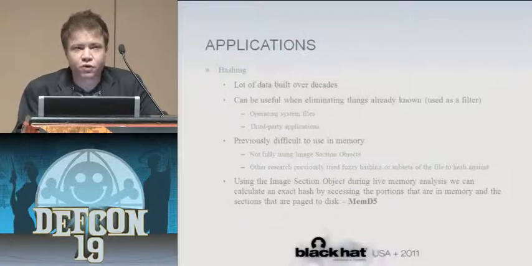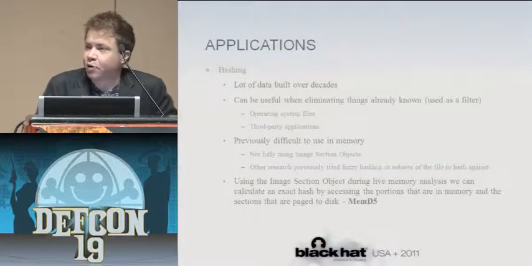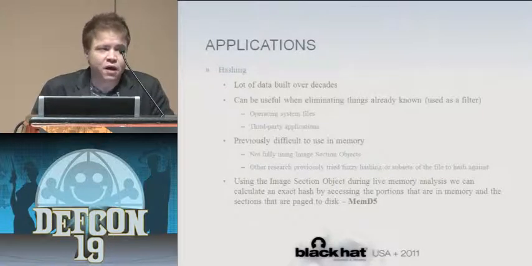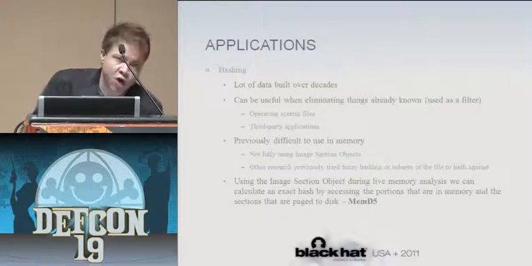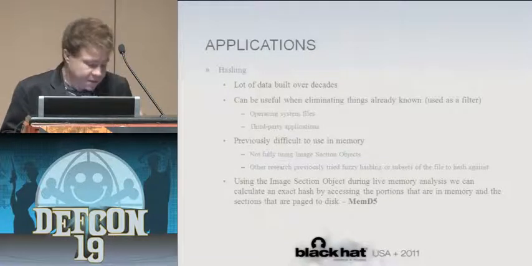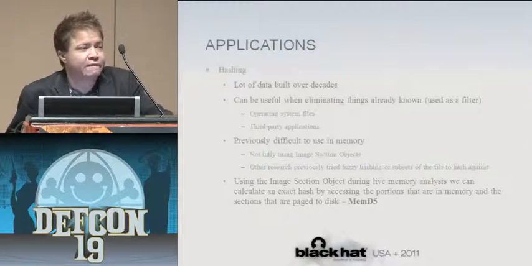If we could use whitelisting and hashing to eliminate the other components of the operating system that we don't care about, that number would get a lot more manageable. There have been some efforts in the past, not my research, but others, who've done fuzzy hashing and different things like that in order to try to make the hash that's found in memory match the hash on disk.